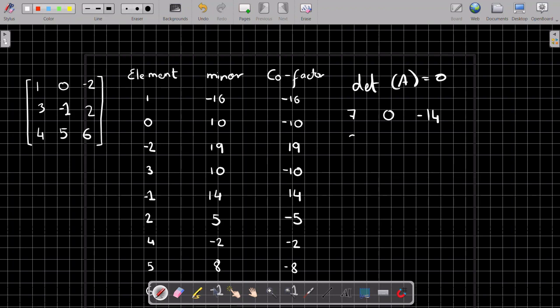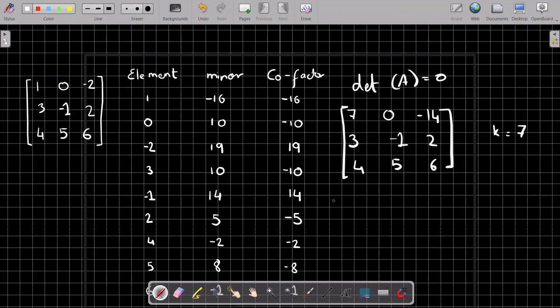This row remains the same as 3, minus 1, 2, 4, 5, 6. So the k in our case is 7.